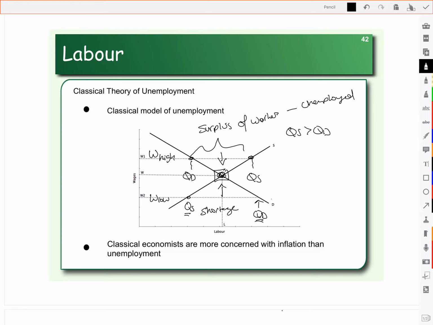And if you give the economy enough time, because prices and wages are flexible, that adjustment will put us right back at equilibrium, and our high cyclical unemployment, that recession, will just go away. So according to the classical economists, the reason that we have high unemployment is because wages are just too high.